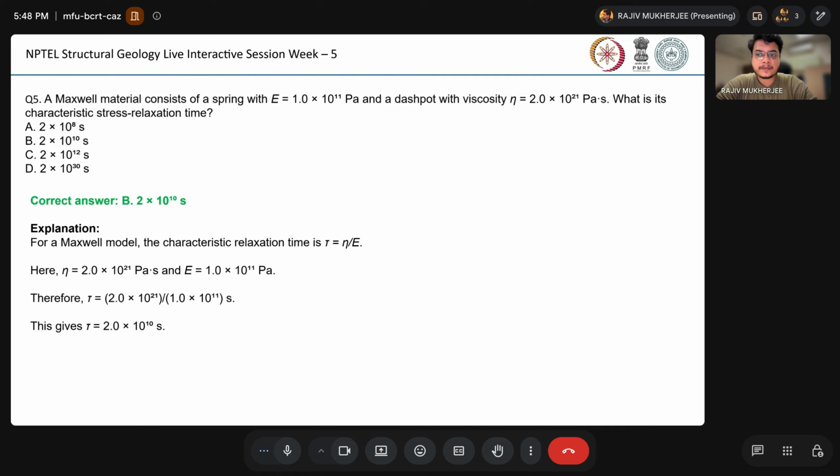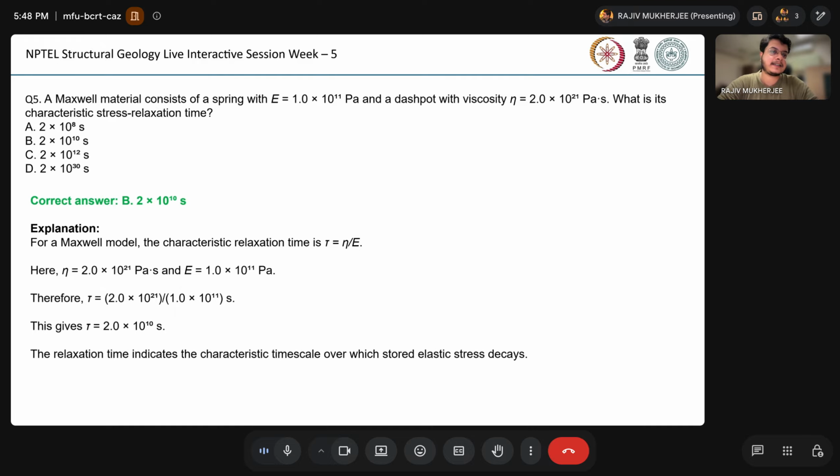So the relaxation time indicates the characteristic time scale over which the stored elastic stress decays. A material that follows Maxwell rheology is deformed to a certain stress, and then stress relaxation happens. The strain is held at that point, the deformation is held, and now the stress is slowly relaxing.